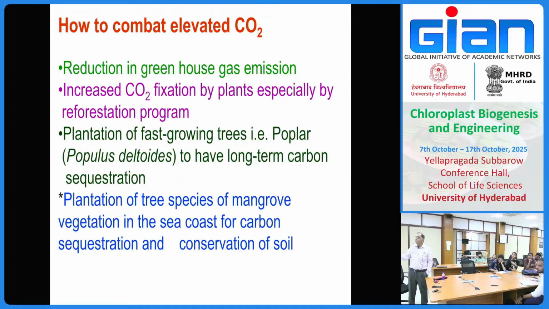Plantation of fast-growing trees is very important, like Populus deltoides or many other species. Today, Populus deltoides may not be a great choice, but any tree is fine, may not be fast-growing, but it should be strong enough.